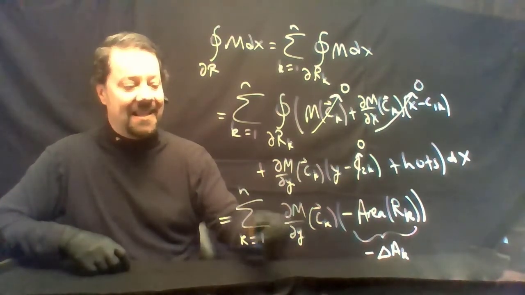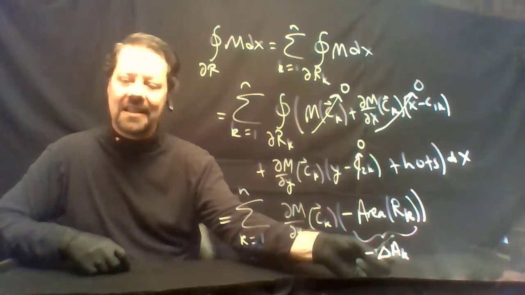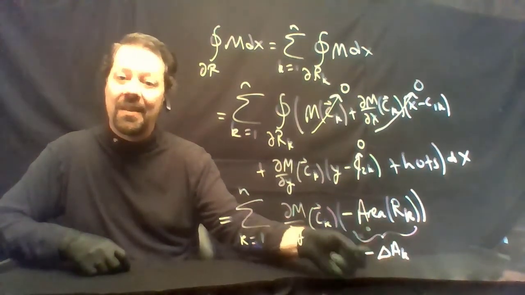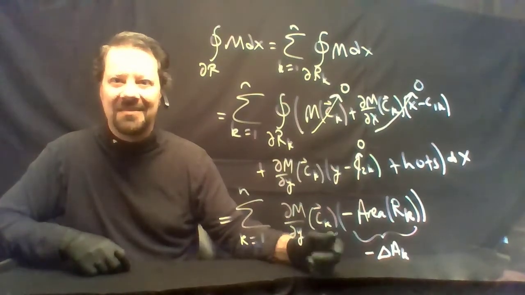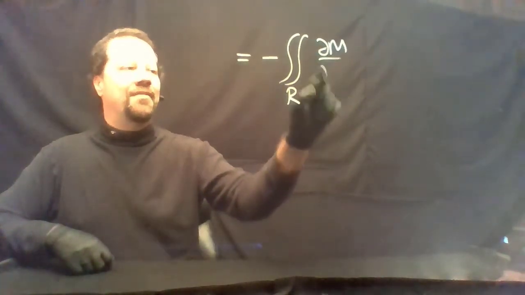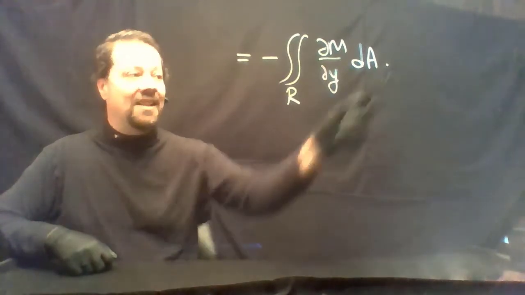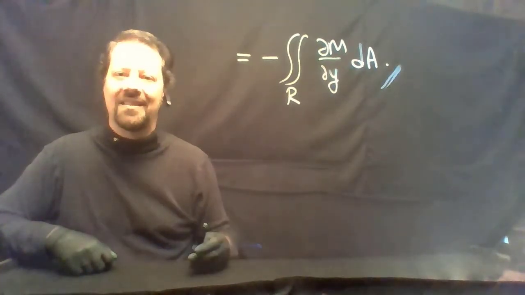If we take these and add them up, and then take the limit as these little delta A sub k's go to 0, we will get a double integral. We'll get minus the double integral over the entire region of dm dy times the element of area. That completes the proof of the first part.